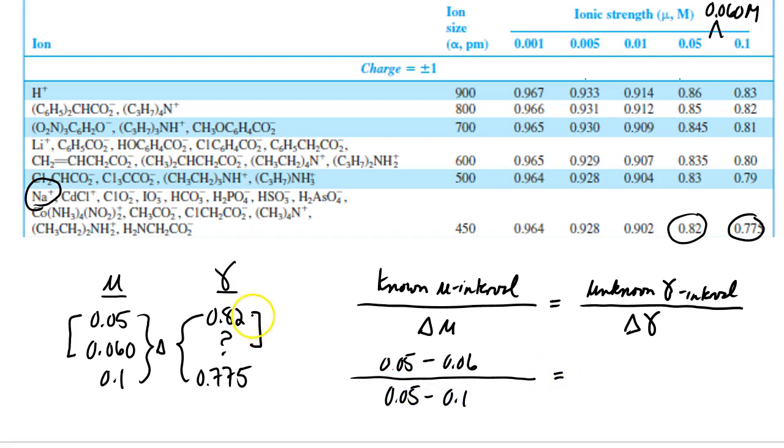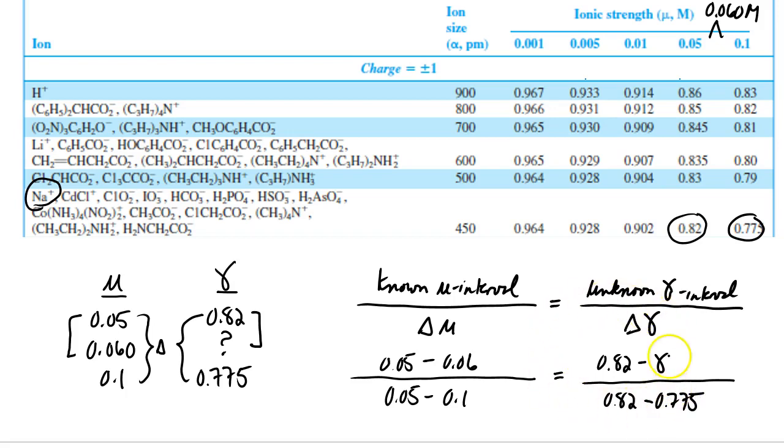On the other side, the unknown activity coefficient interval will be 0.82 minus what we want, that's the activity coefficient of sodium, and the entire change in activity coefficient, again, this delta would be 0.82 minus 0.775.